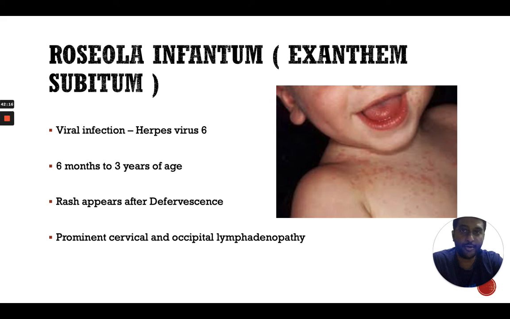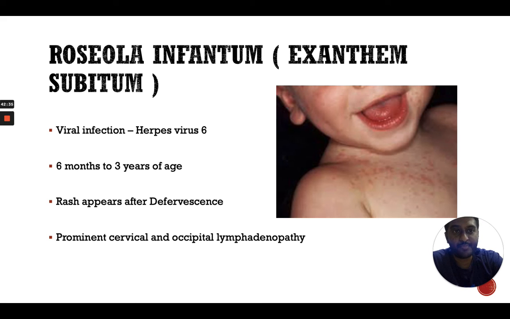Next is roseola infantum, otherwise called exanthem subitum. Also a viral infection. It is commonly seen in 6 months to 3 years of age. This is a very interesting condition where the rash appears after the fever goes away.